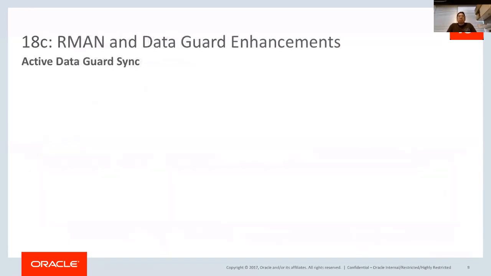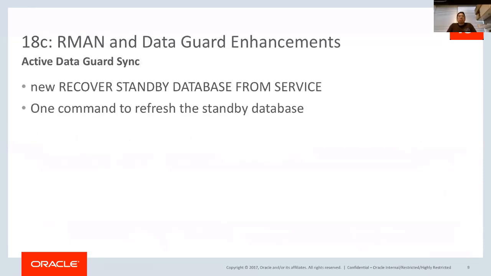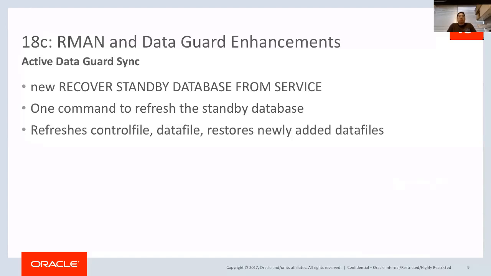I think it's probably the last one, and it's a new RECOVER STANDBY DATABASE FROM SERVICE for Data Guard. It's one single command to refresh the standby. Everything is refreshed: control file, data files, and in case there are new data files being added, they are restored.